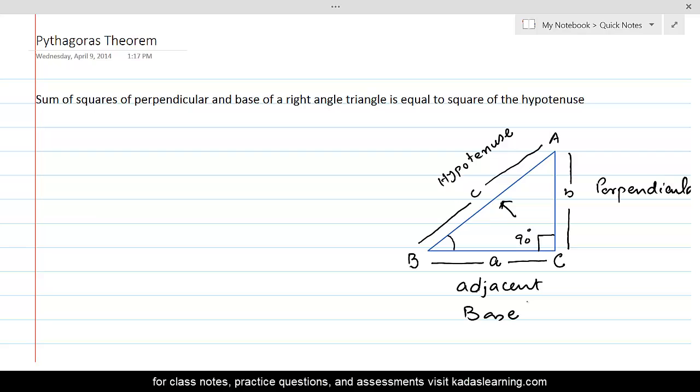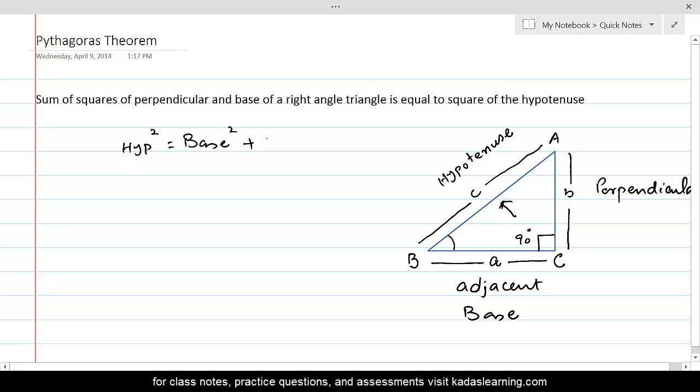And now we talk about Pythagoras theorem, which states that the sum of squares of perpendicular and base of a right angle triangle is equal to the square of the hypotenuse, which means that hypotenuse square is equal to base square plus perpendicular square.